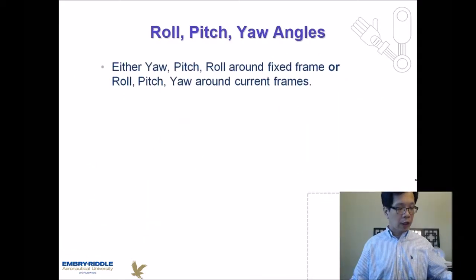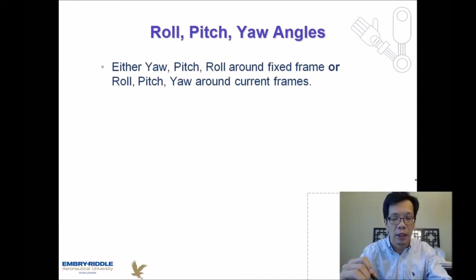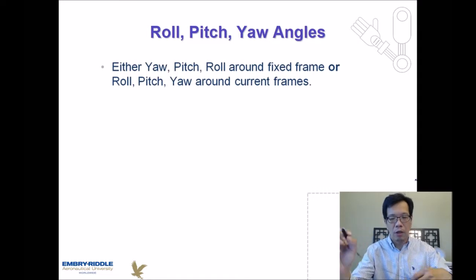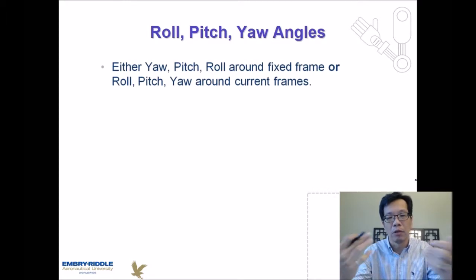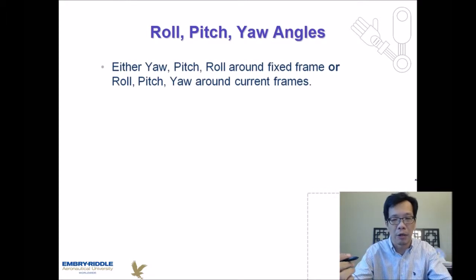Okay. So we learned the definition of Euler angles. Now we're going to talk about another definition, which is roll, pitch, and yaw angles. When we design a robot, there are rotations around three axes, X, Y, and Z. But sometimes it might be a little bit difficult to communicate with people in this area.